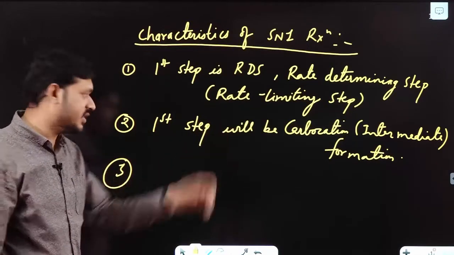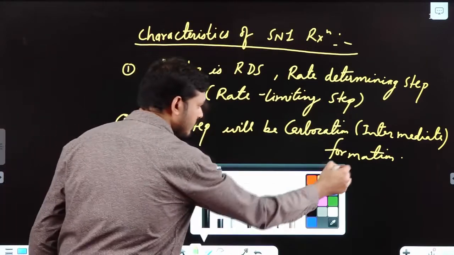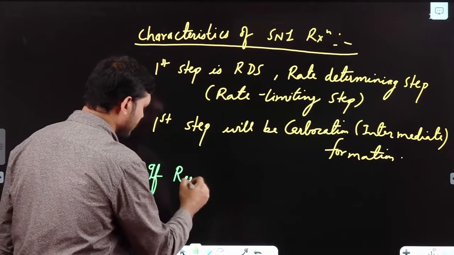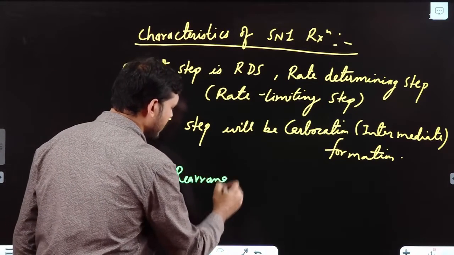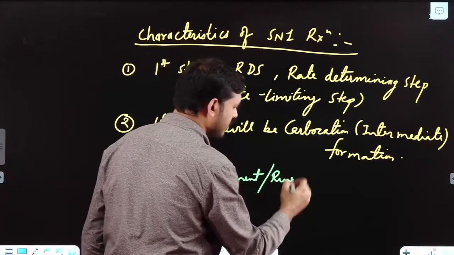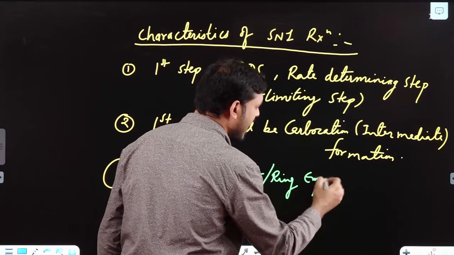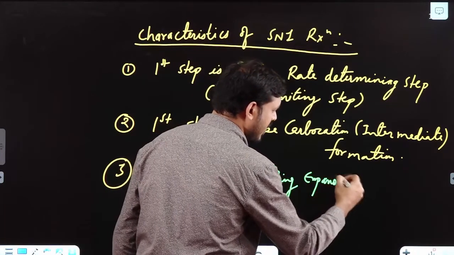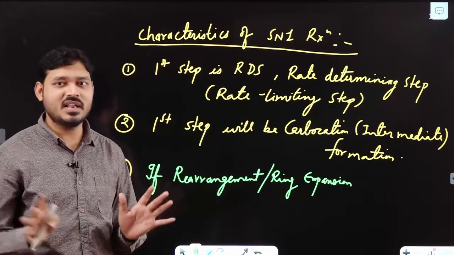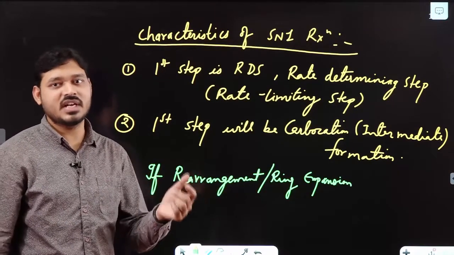Once the carbocation is generated, if rearrangement or ring expansion is possible... I'm not mentioning ring contraction here because it is a very rare phenomenon. In few cases only it has been observed.